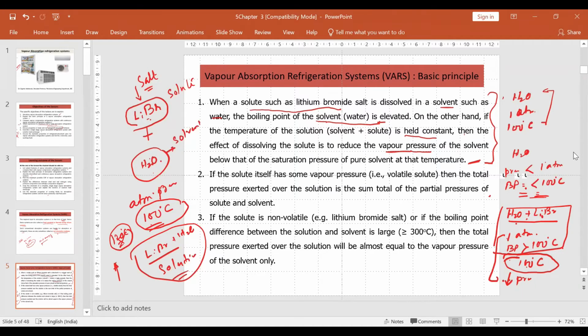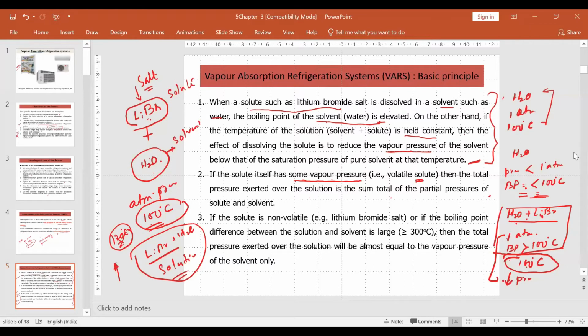Next one, the second point: if the solute itself has some vapor pressure, it is a volatile solute. Suppose the solvent is water and the solute is lithium bromide. If the solute has some vapor pressure and is vaporized, then the total pressure exerted over the solution is the sum of the partial pressures of the solute and solvent.